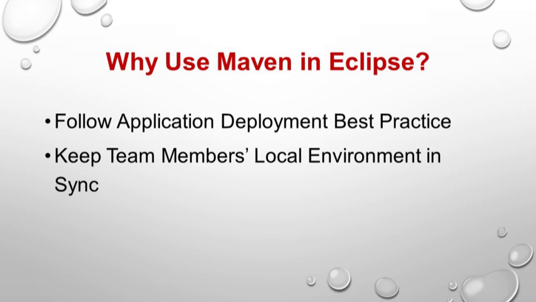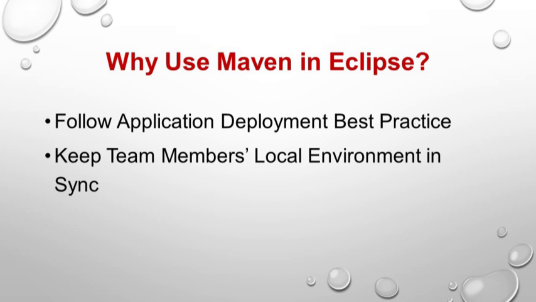Second is if you're working in a team environment with several developers, if each one is managing the Java libraries within Eclipse by themselves, the chances are that the version of each library could be different. And then if you include a new library in your local environment, you need to inform every member inside the team that they need to include these libraries as well.